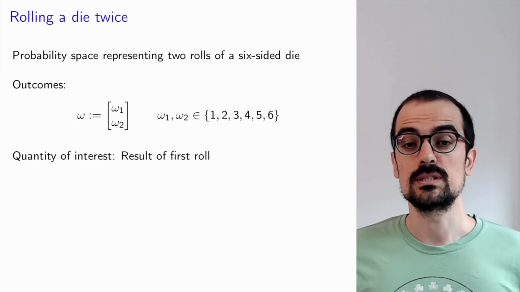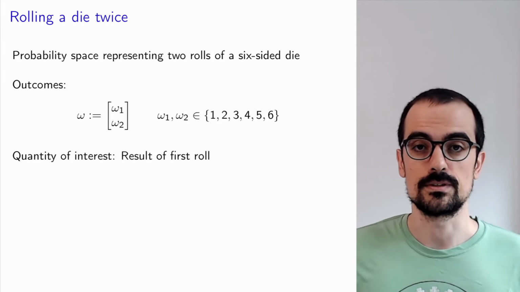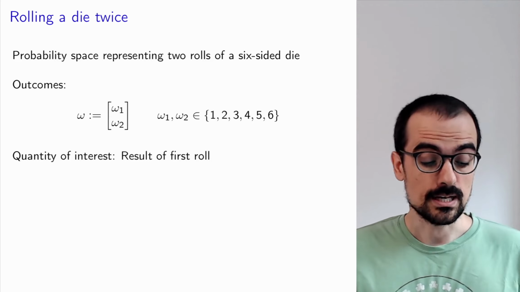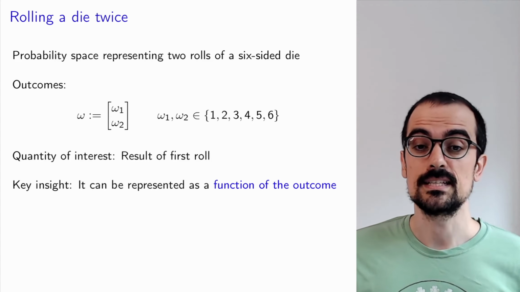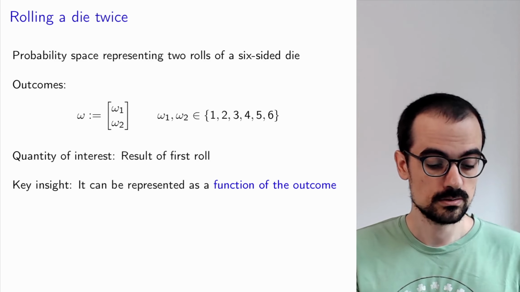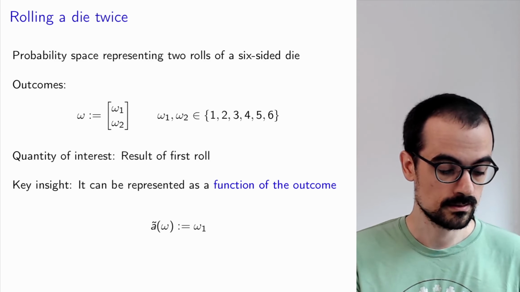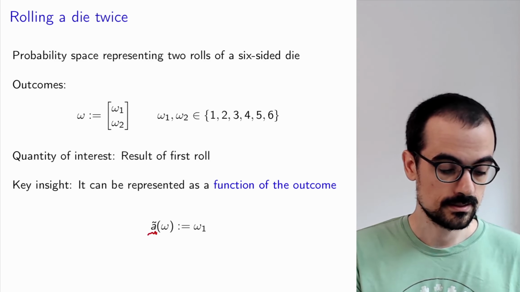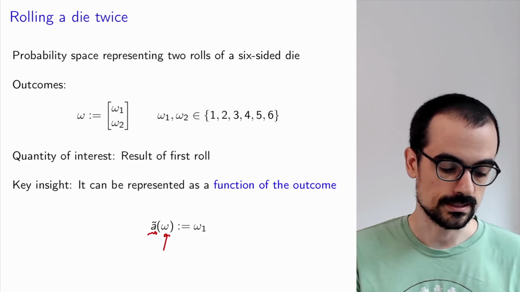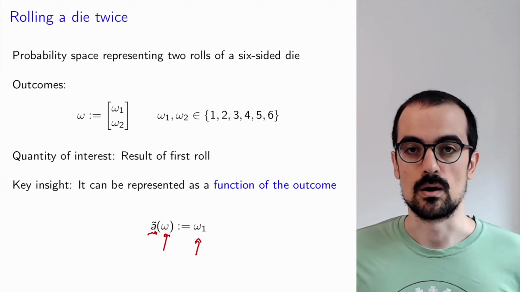Now what we're really interested in is just the result of the first roll. That's all we care about. And what we realize is that you can actually represent it as a function of the outcome. So this function we call A maps this outcome, omega, to just its first entry, omega 1.